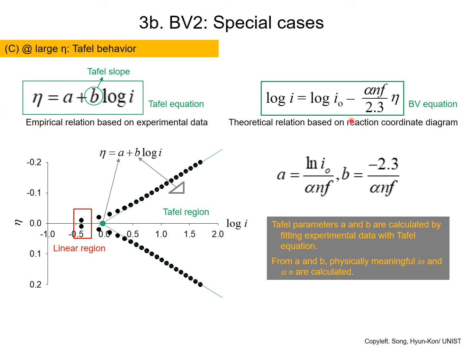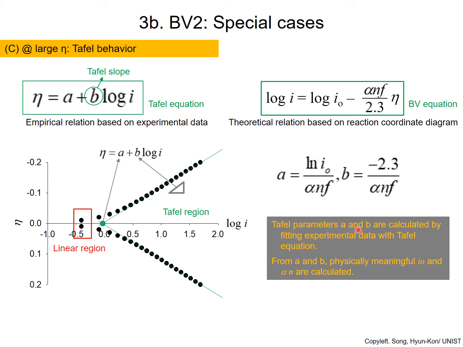After converting this equation into the Tafel form, we could describe the Tafel parameters A and B as functions of the exchange current and the product of alpha, the transfer coefficient, and n, the number of electrons transferred. So A has the information about I0 and alpha n, both of them, and B has the information about alpha n.